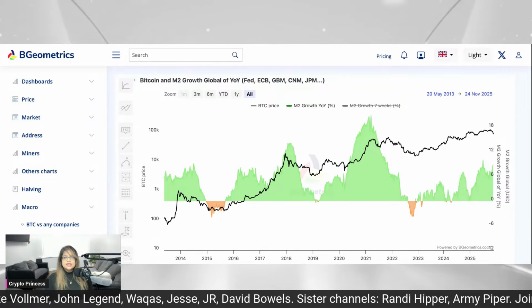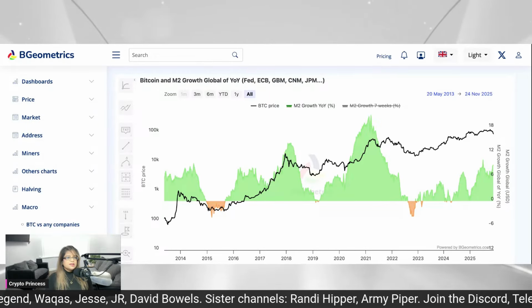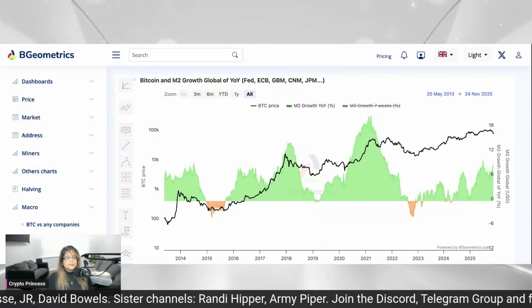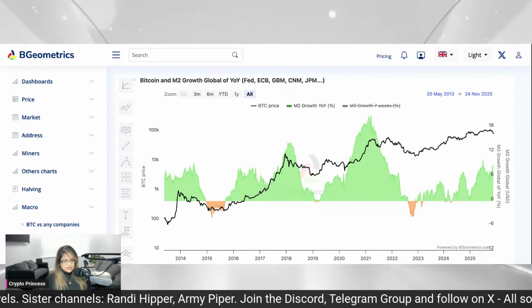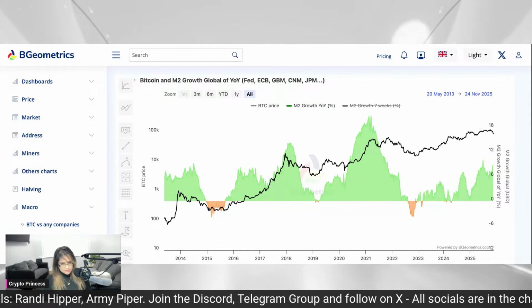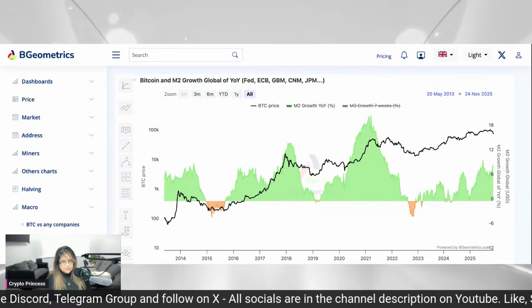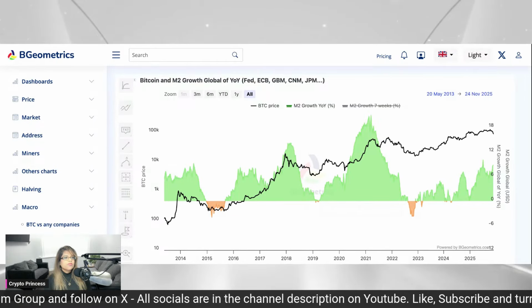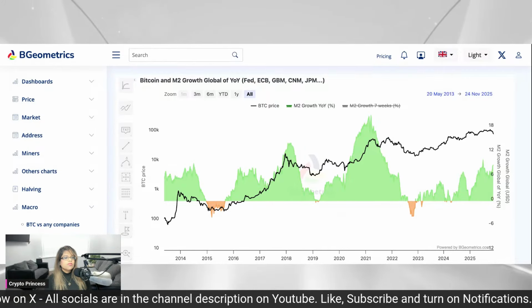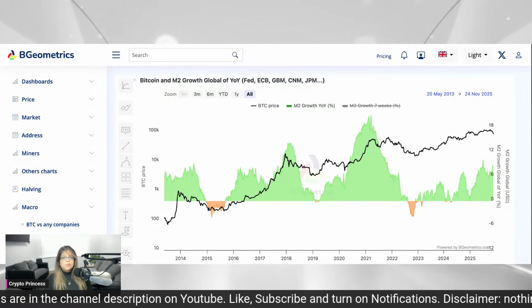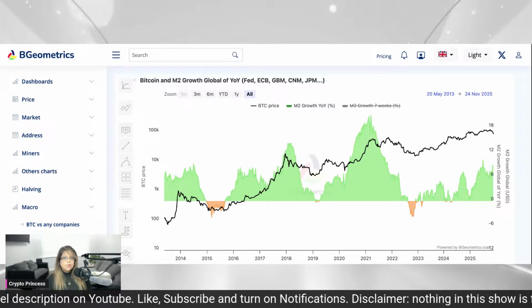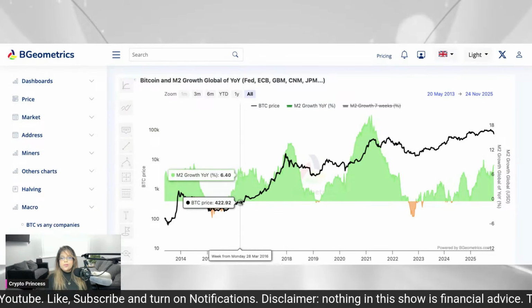Can you guys see that chart okay? I hope you can. My screen's a little bit small. Here we go, I've got it now.